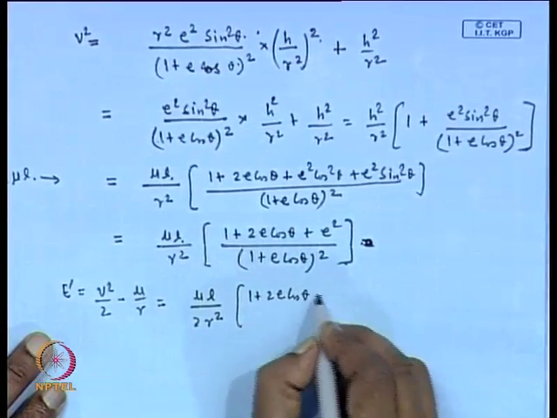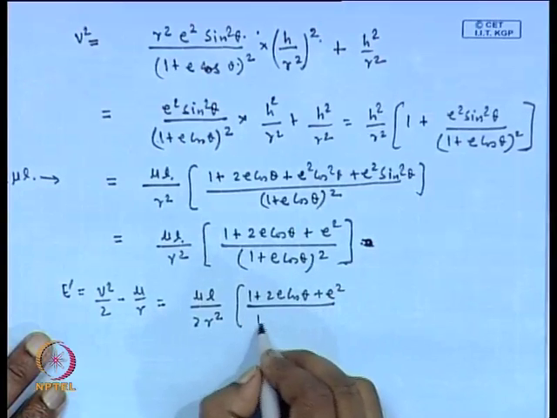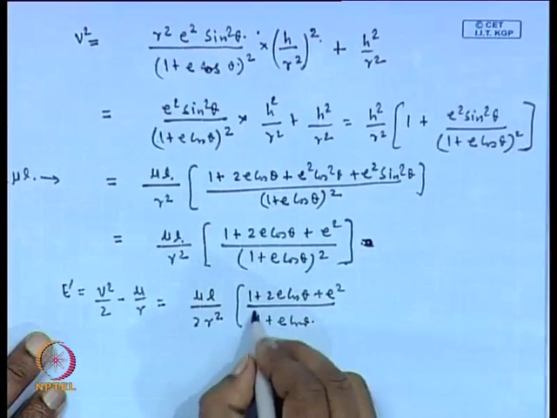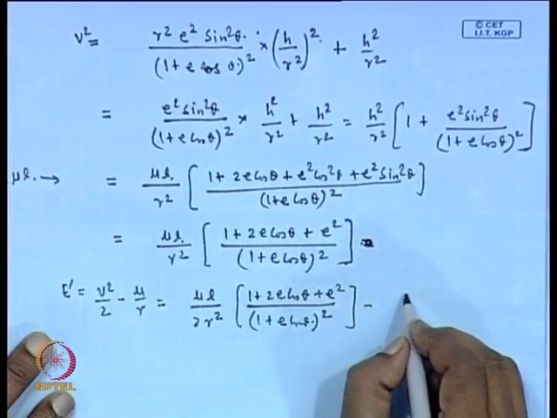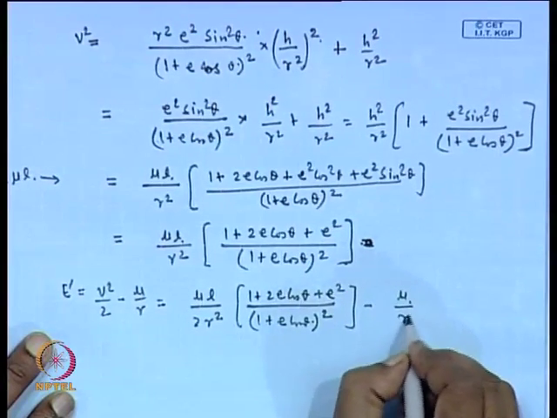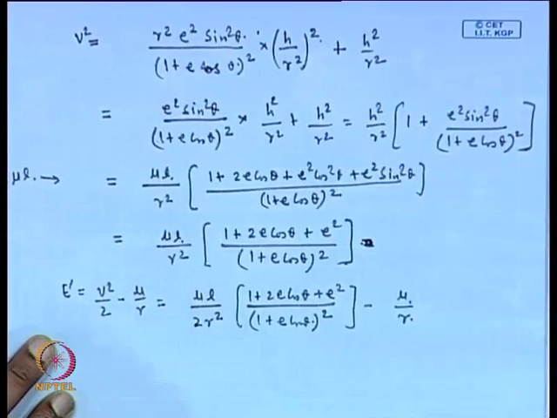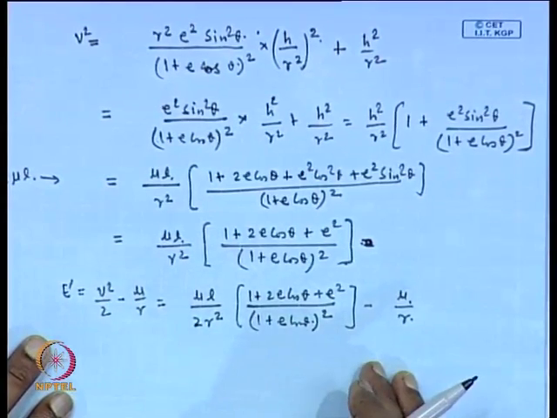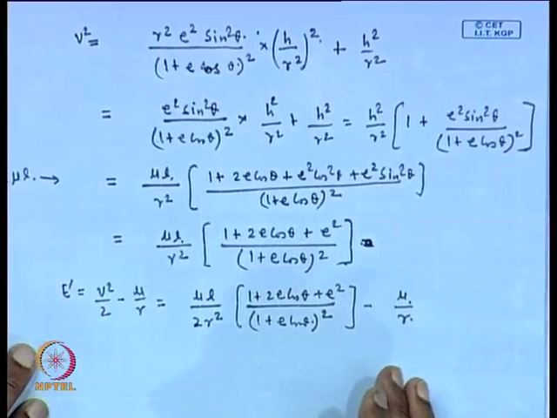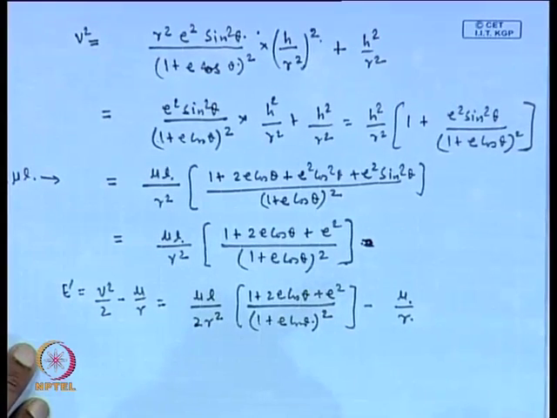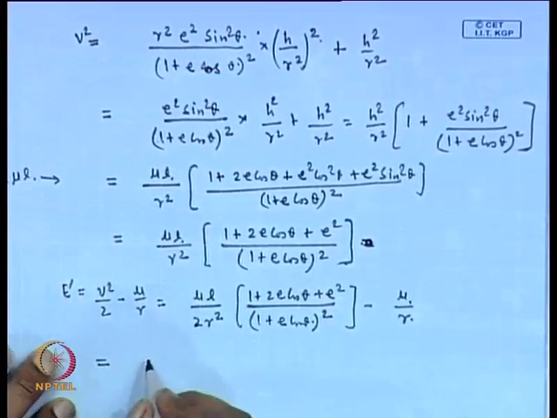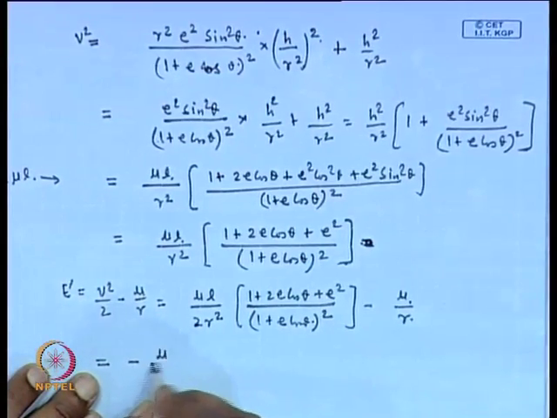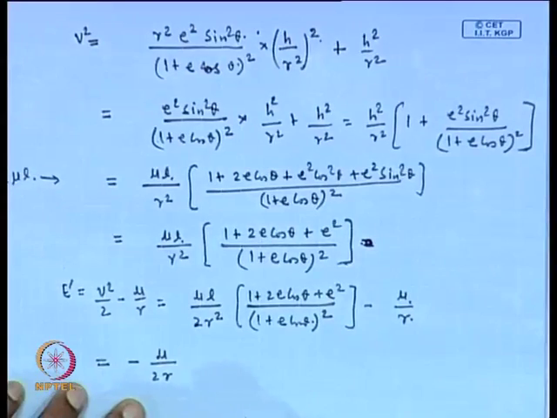divided by (1 plus e cos theta) whole square minus mu by r. Okay. So, evaluate this quantity and this quantity will ultimately turn out to be minus mu by 2 a. Okay. So, now let us take minus mu by 2 r common from this.